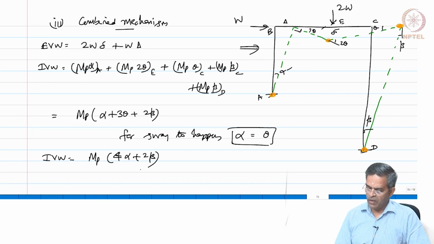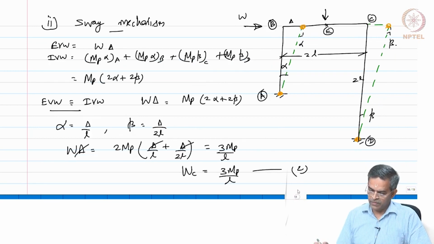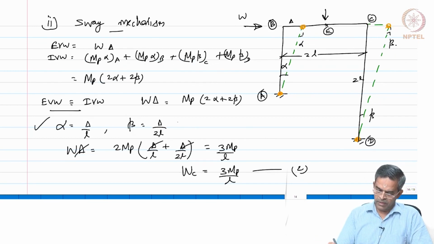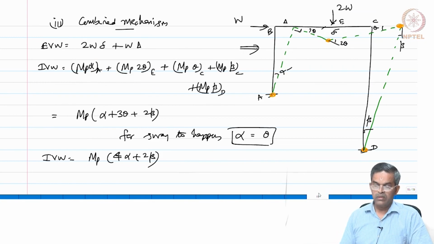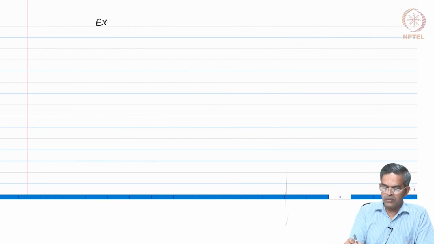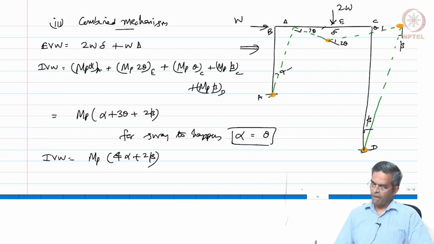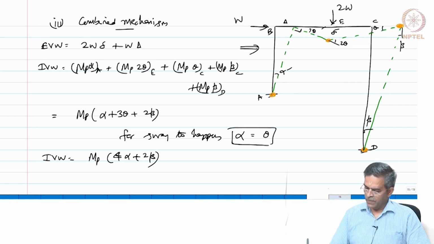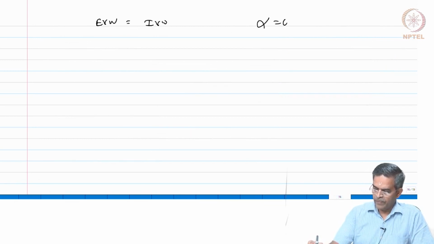And we already know the value of alpha and beta, which we wrote here. Alpha is known and beta is known. Let us substitute and get the true collapse load. So, now I can say external virtual work should be equal to internal virtual work. Now, see here, alpha is equal to theta, is it not?